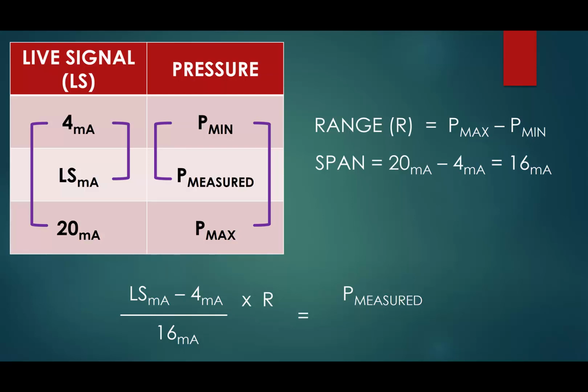It changes if that number is not 0. So when we do the example problems, we'll talk about the fact that in all cases our range is Pmax minus Pmin. In all cases, what we're actually equal to is the measured pressure minus the minimum pressure. It's just that things get a little simpler when that minimum pressure is 0. But if we keep in our minds that we always have to subtract the bottom, then we get in less trouble when there actually is a value as opposed to 0 for that minimum pressure.